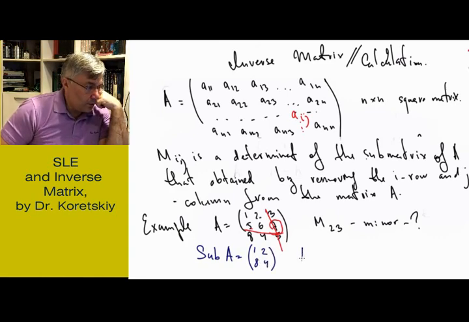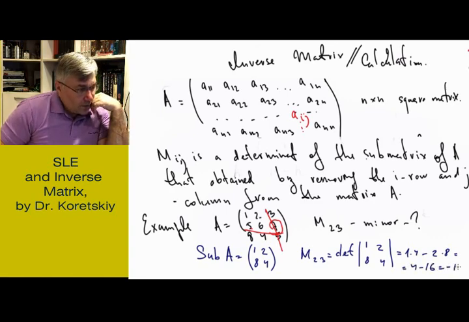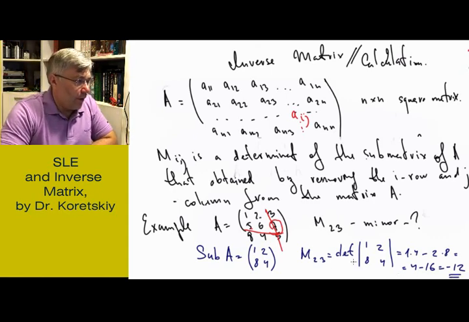So M23 equal determinant of 1, 2, 8, 4, and it is 1 times 4 minus 2 times 8, and we have 4 minus 16, and it is minus 12. So this number is a minor M23. Okay.